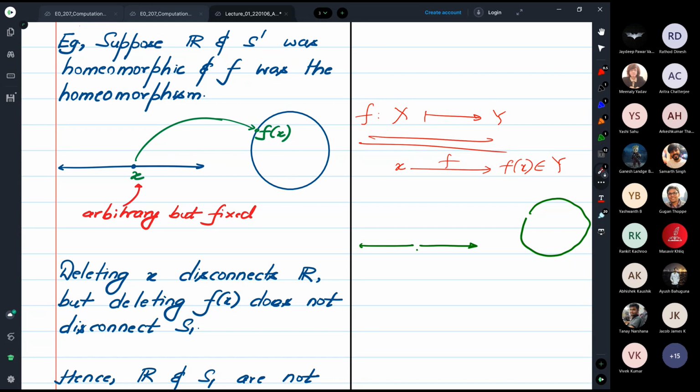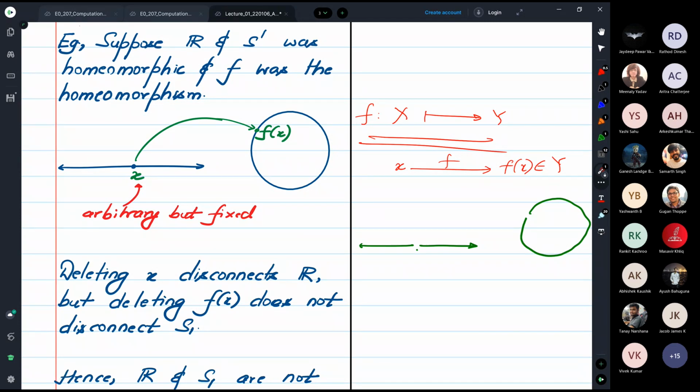So this is a property preserved under homeomorphism, and I'm showing that if I perform this operation on the left, I get one answer, and if I perform the same operation on the right, I get a different answer. That is why these two spaces are not homeomorphic.